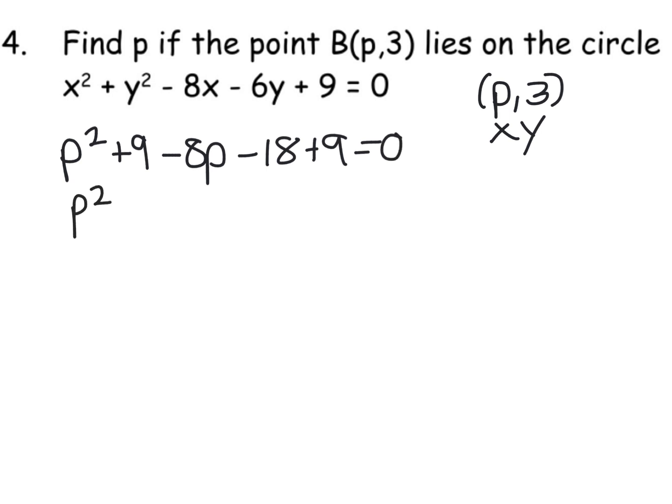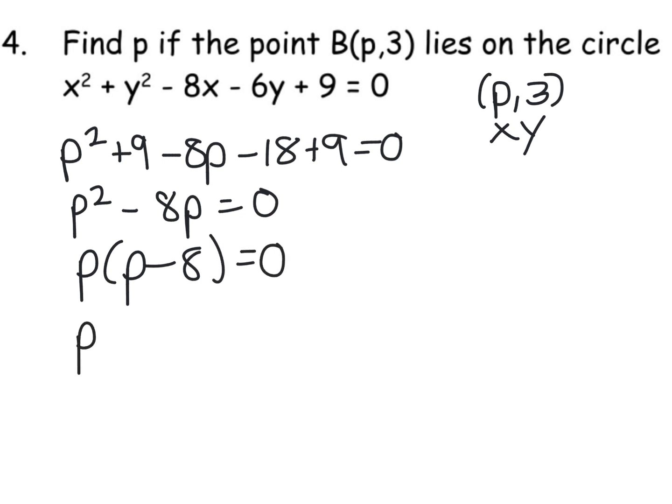The numbers here are going to disappear because 9 add 9 is 18, take away 18 is gone. So we get down to this. We'll then do a common factor, leaving us with p times p minus 8 equals 0. So p is either 0 or p is the number 8. Two possibilities here. Alright, and that's that one. It just said find p. Probably should have said find values of p if I was going to be a bit more exact.